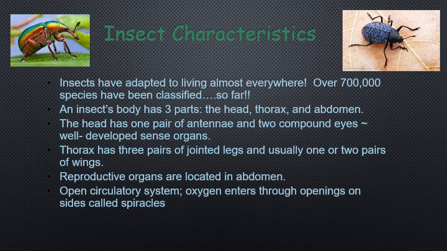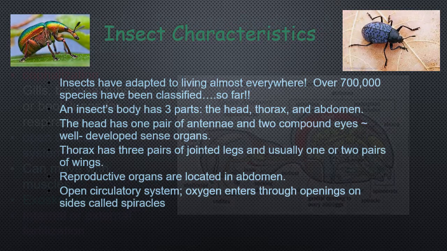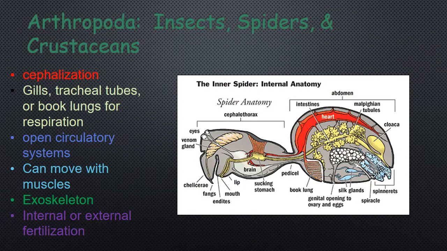And our insects have an open circulatory system, so oxygen enters through openings on the sides called spiracles. And then arthropods, just in general, have cephalization, so they have that separate head. They have gills, tracheal tubes, or book lungs for respiration.